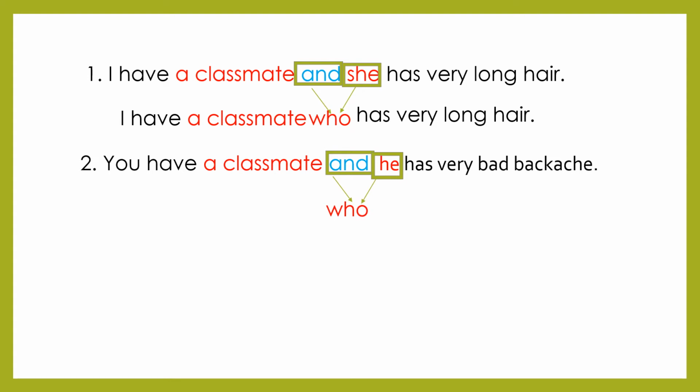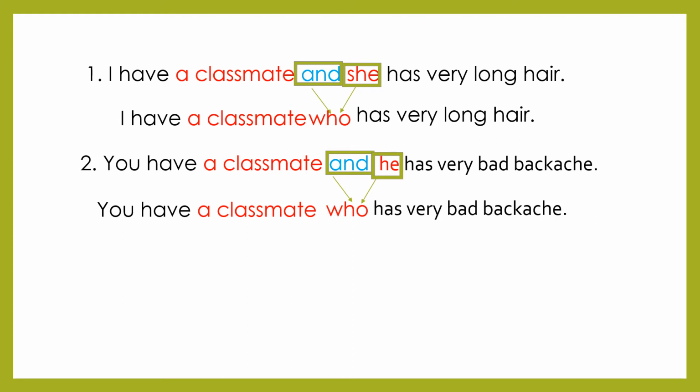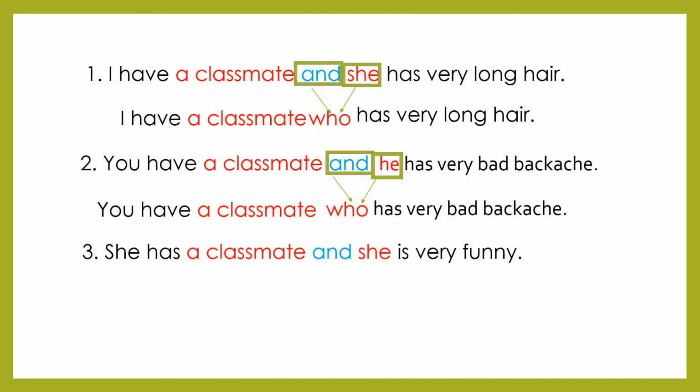And we can combine "and" and the repetition "he" into one word, which is who. Okay, so relative pronoun. This is a pronoun that's relating a classmate and he. So you have a classmate who has very bad backache. So we don't change anything except combining "and" and "he". And who is a subject of has.